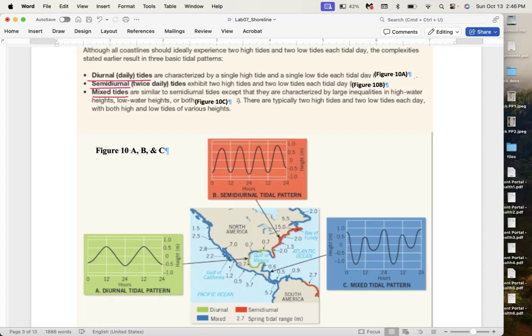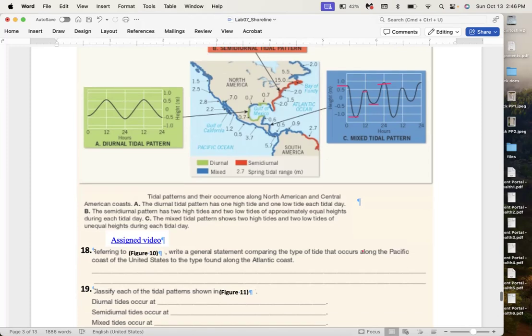Along the Pacific coast and parts of the Caribbean coast, we have mixed tides where we have very high tides here and here. We have very low tides here. We have a lesser high tide here and a lesser low tide, or higher low tide, if you want, there. So that's why they're called mixed.